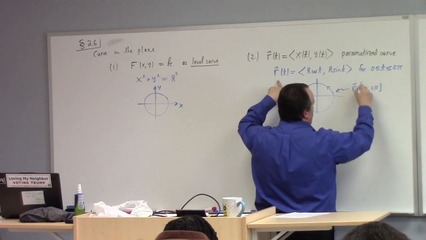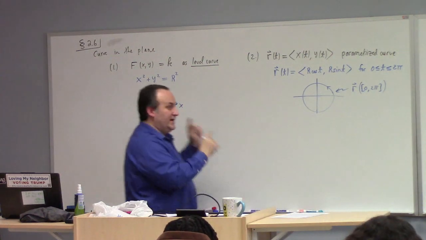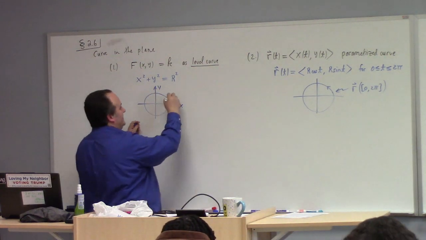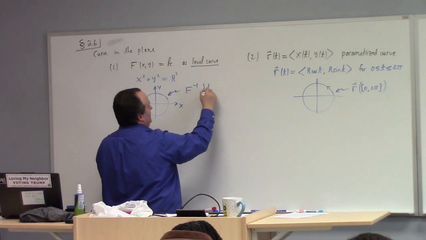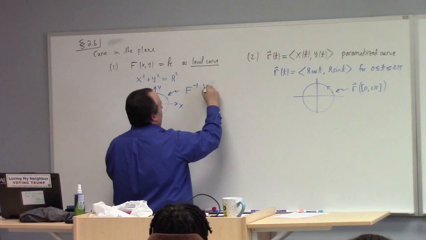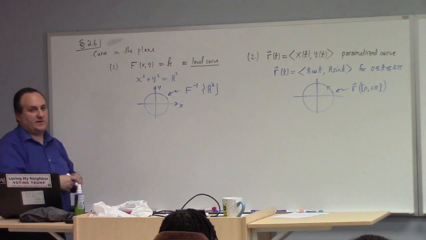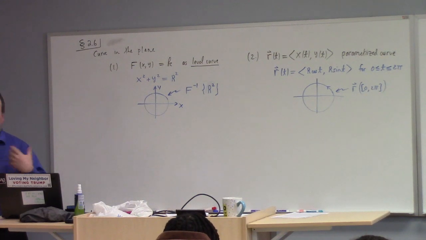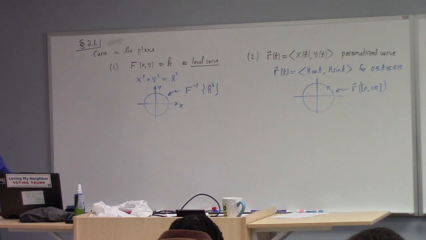So it's the output. It's the image under the parameterization of that interval. In contrast, this circle is actually the inverse image of the set just containing, well, in this case, r squared. Right? It's the set of all points that maps to r squared. So it's a fundamental difference in description. Do we describe something as a solution set to an equation, or do we describe it parametrically, right? We have these two different ways of doing things, and we do both.